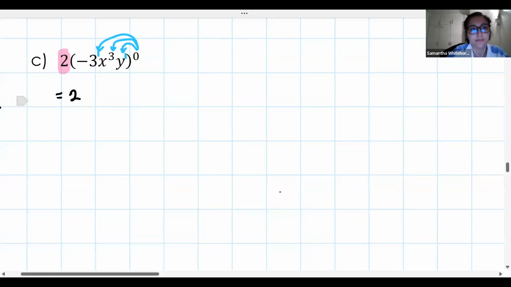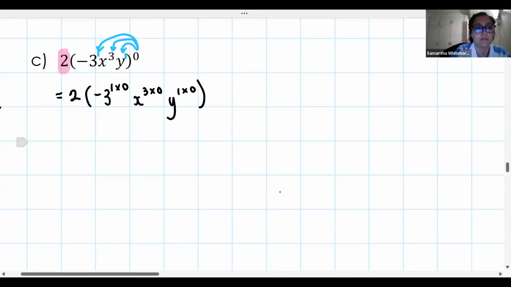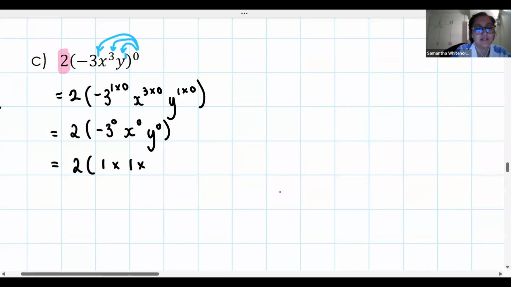Cool. So -3 to the power of 1 times 0 equals 1. So I just put that down in brackets. Then x to the power of 3 times 0 also equals 1. So I just put that down in brackets too. And then y to the power of 1 times 0 also equals 1. Yeah, you're right. So I ended up having 2 times 1 times 1 times 1. And that ended up being 2. Good. Perfect.